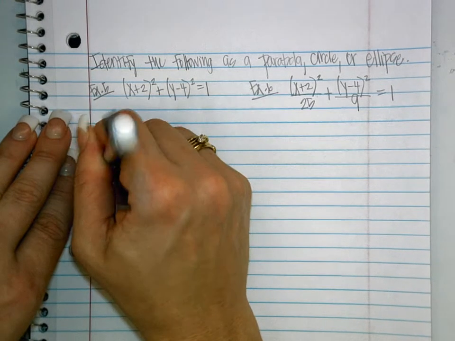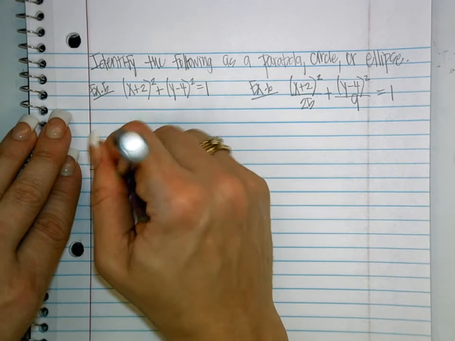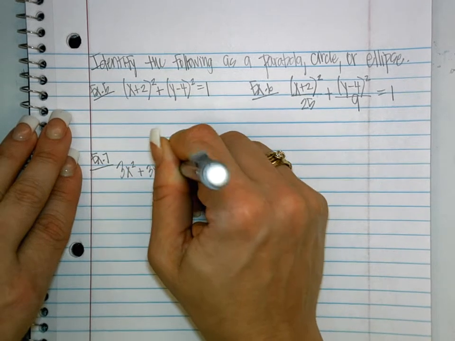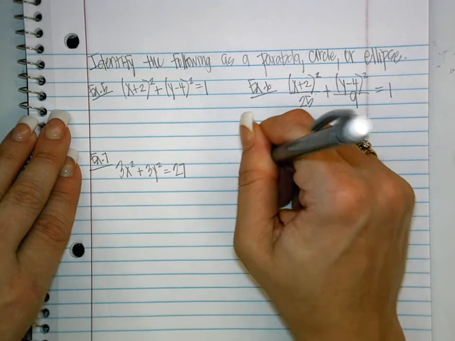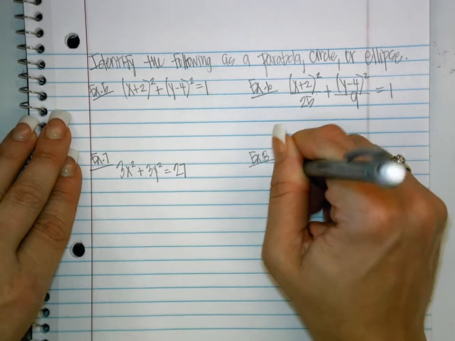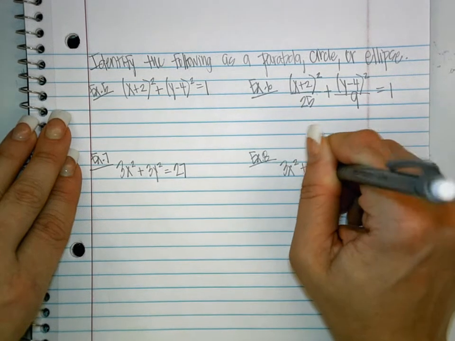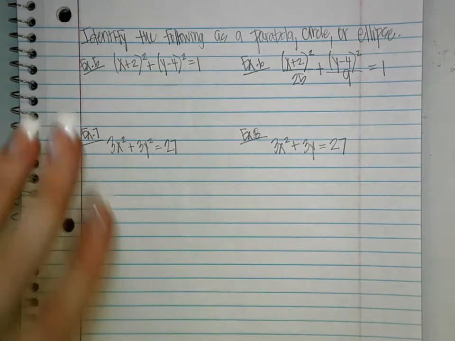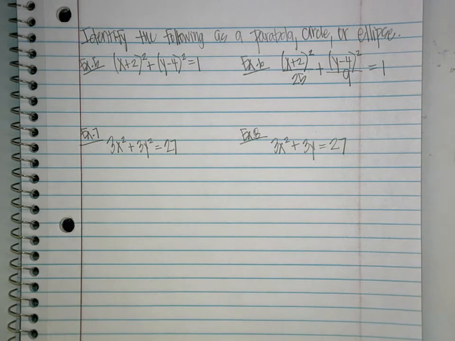Number 7 is going to be 3x squared plus 3y squared equals 27. Number 8 is 3x squared plus 3y equals 27. I'll give you just a second to write those down, and then we're going to figure out, are these parabolas, circles, or ellipses equations?